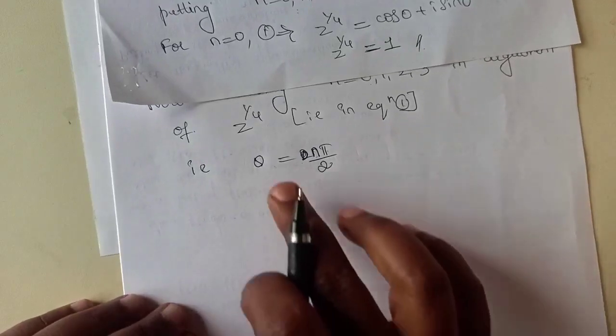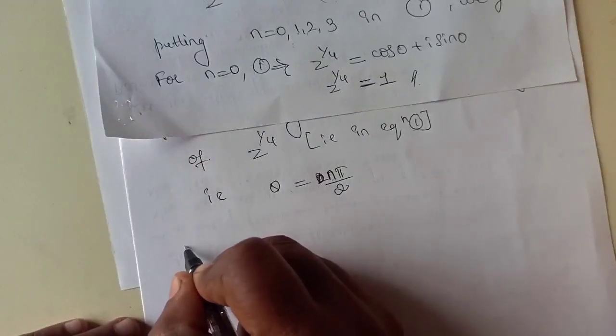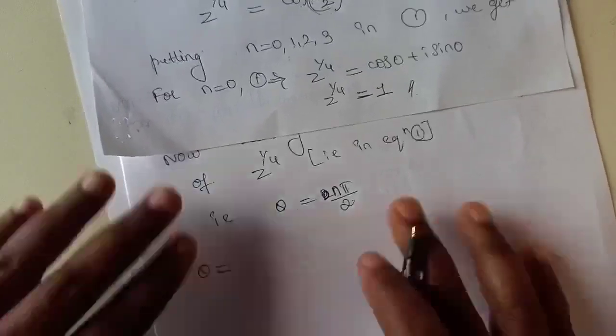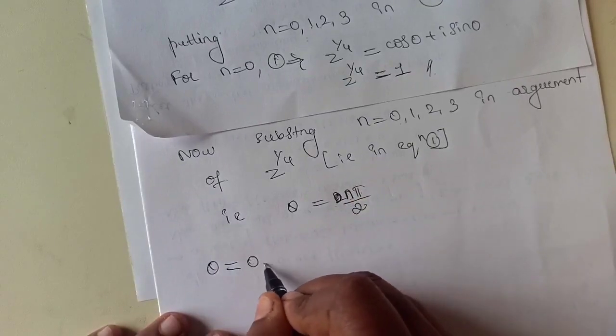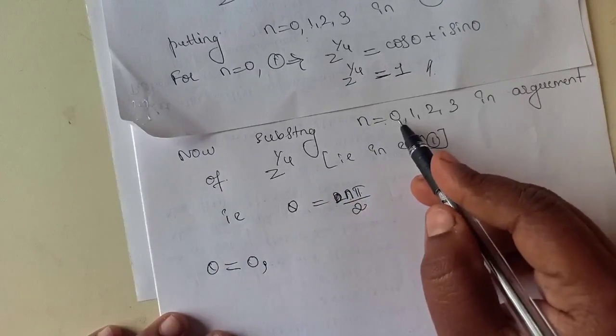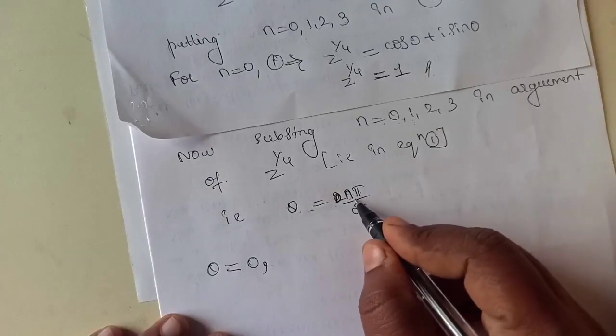Okay, so on substituting n equals 0, we get theta equals 0, and substituting n equals 1, we get theta equals pi by 2.